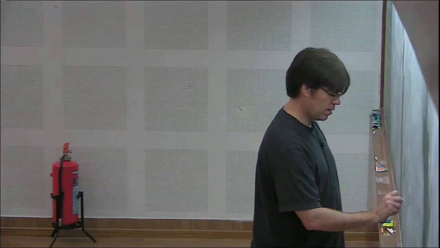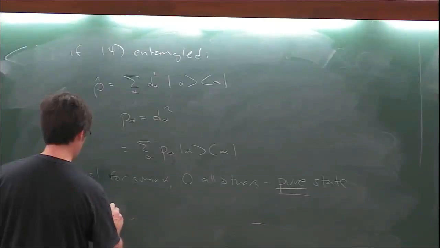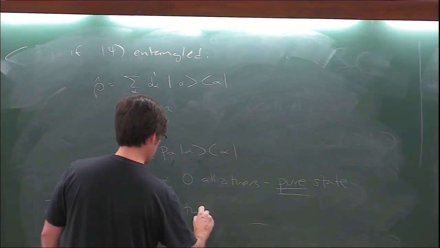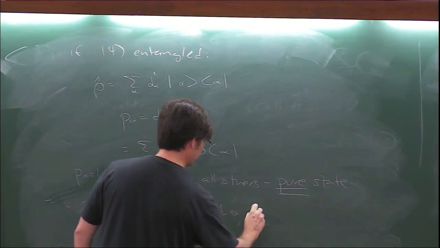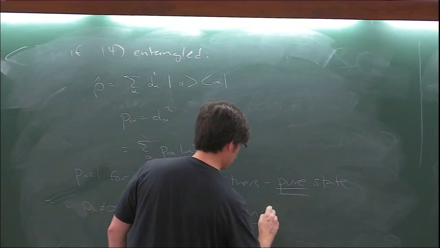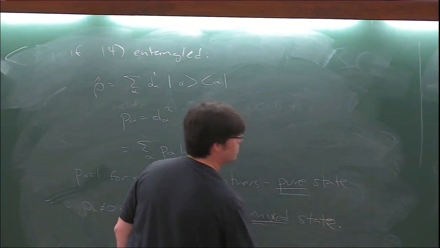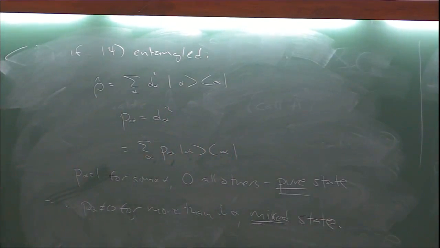And if p alpha is not equal to 0 for more than one alpha, I get a mixed state. And in this framework, a mixed state emerges whenever my initial state is entangled.